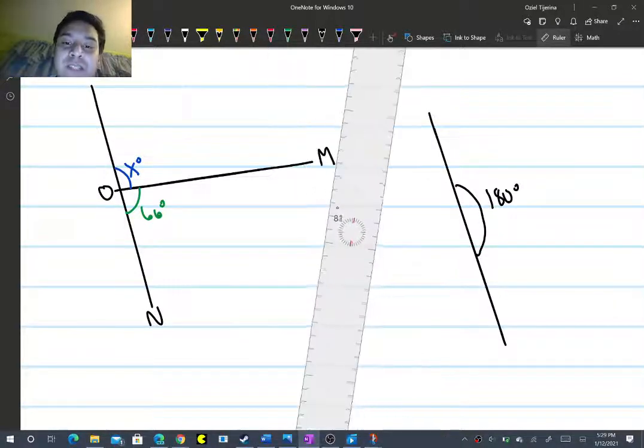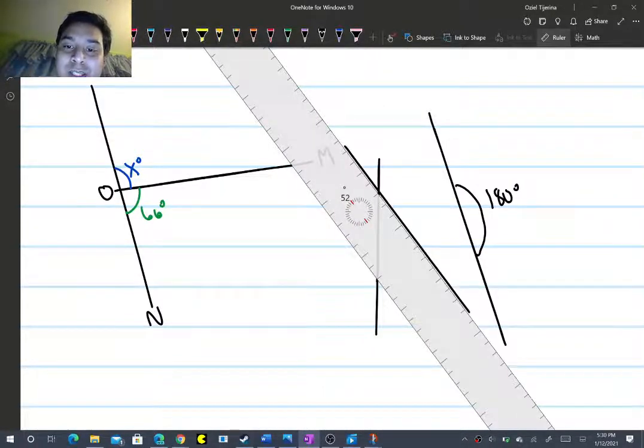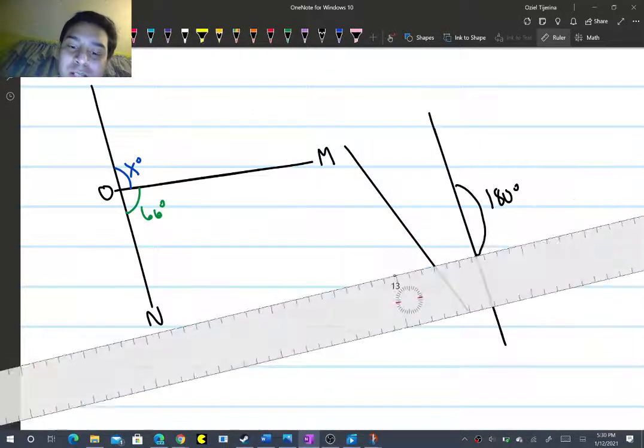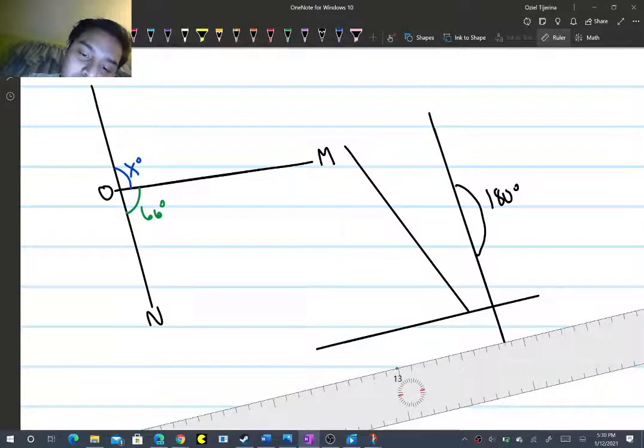No matter if the line is like this, or like this, or like that, we always say that this entire part is 180.